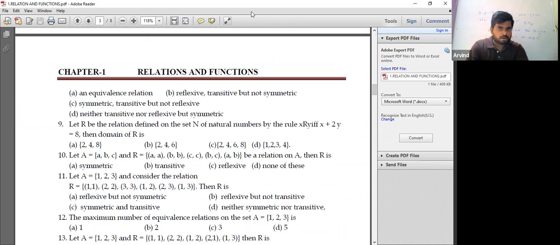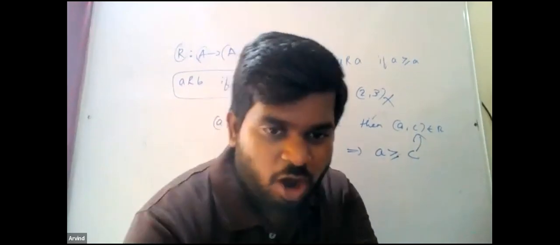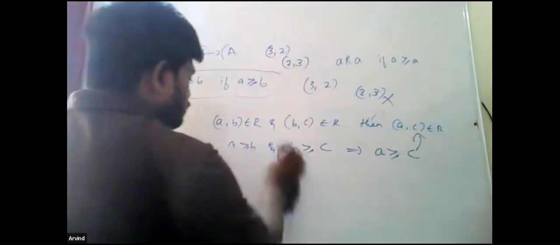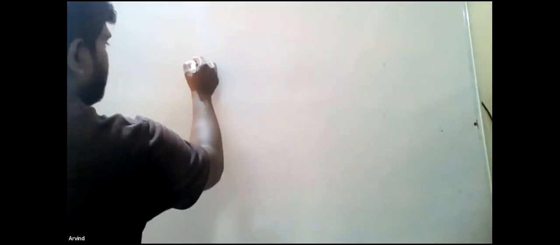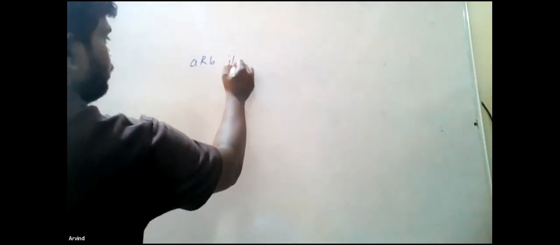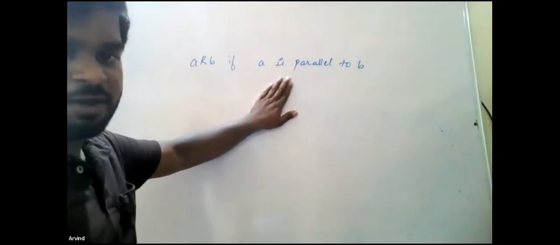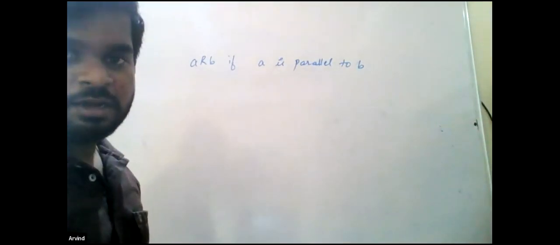Let's stop here. I'll give you one more relation for your understanding. A is related to B if A is parallel to B. Tell me whether this relation which I have defined is an equivalence relation?